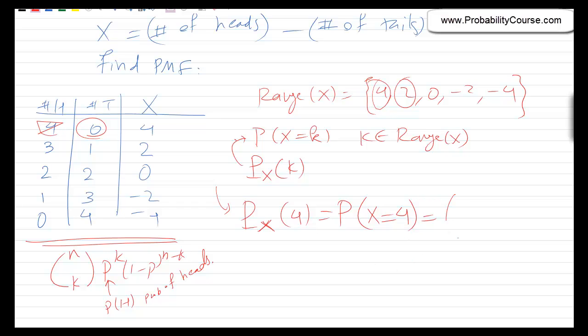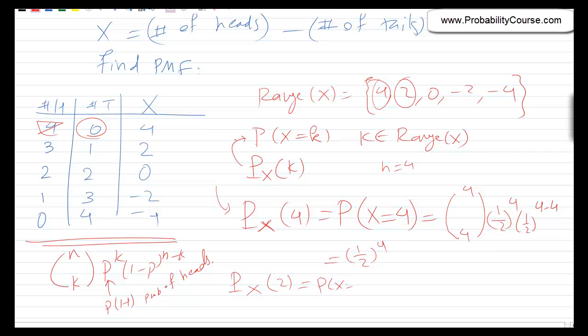So the probability that x is equal to 4 is basically, here my n is also equal to 4, so it's 4 choose 4, 1/2 to the 4, 1/2 to the 4 minus 4, and this is going to be just 1/2 raised to the power of 4. And similarly you can find p_x of 2.